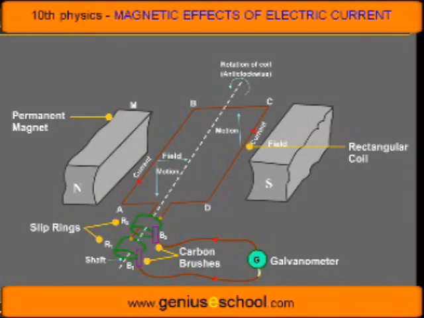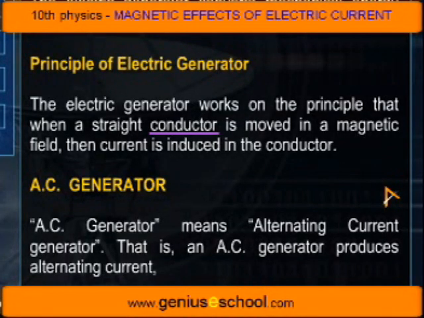The direction of induced current in each side of the coil is reversed after half a revolution, giving rise to the net induced current in the direction CDAB. The current in the external circuit now flows from brush B2 to B1. AC generator means alternating current generator.